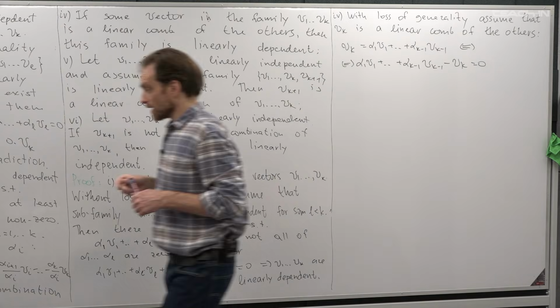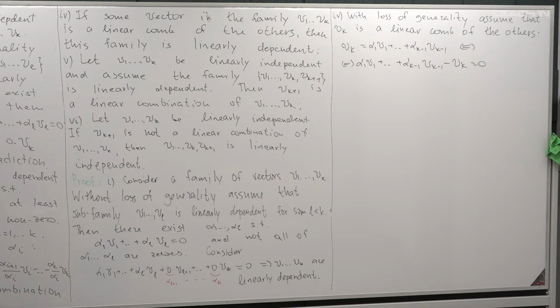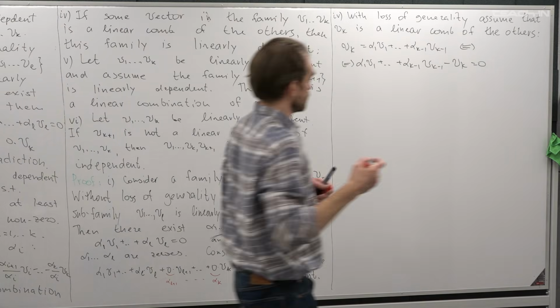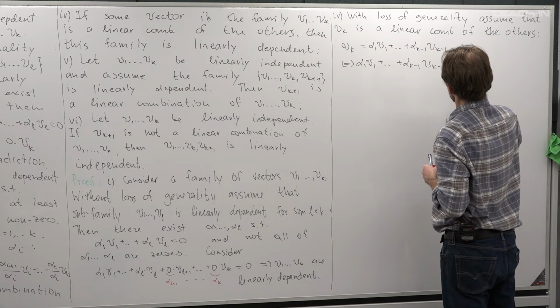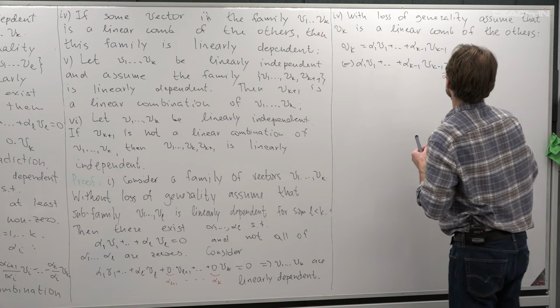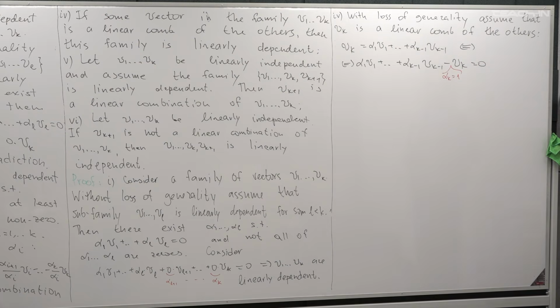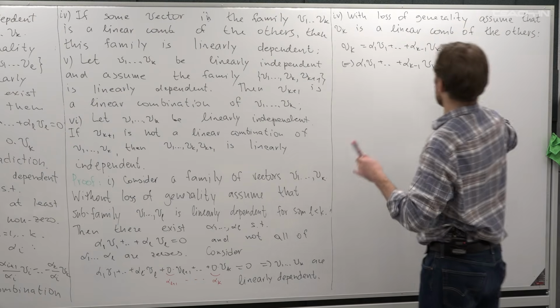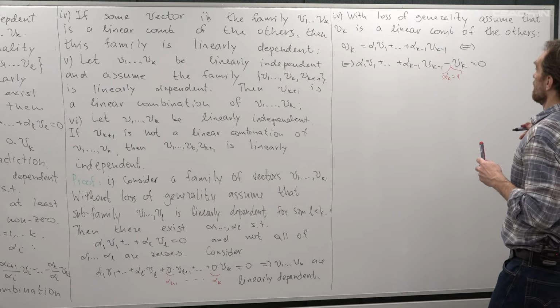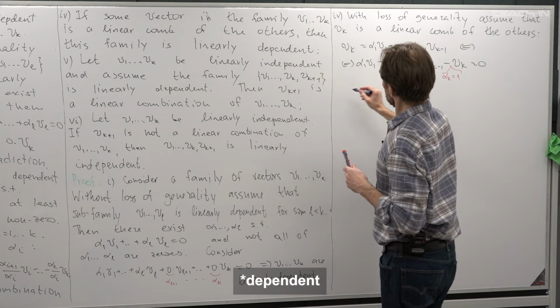And so here we have a linear combination that is definitely non-trivial, just because here we have the coefficient of Vk, which is equal to minus 1. Right, so this is non-zero, and that's why this linear combination is non-trivial. Okay, so the family of vectors from V1 to Vk is linearly dependent.